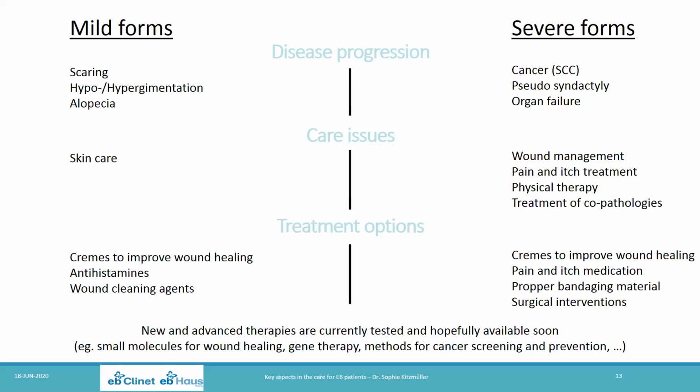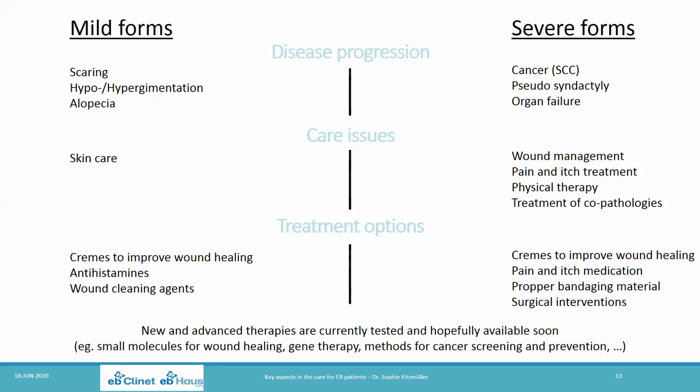At the moment, there is a lot of research going on into new and advanced therapies, and they are currently being tested, but they're still way ahead of us until those reach market authorization and therefore are available for a wider patient population.